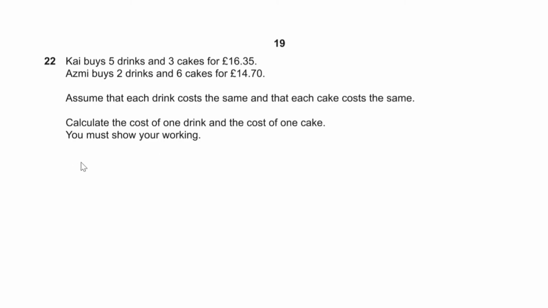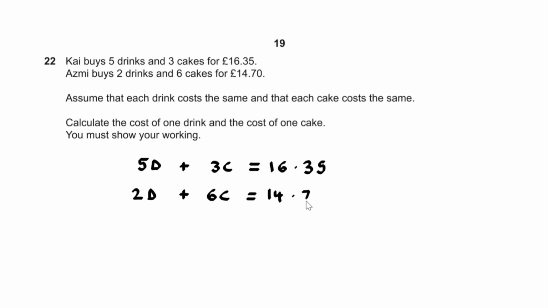Well, what we've got so far is 5 drinks plus 3 cakes equaling 16.35, and then we've got 2 drinks plus 6 cakes equaling £14.70.